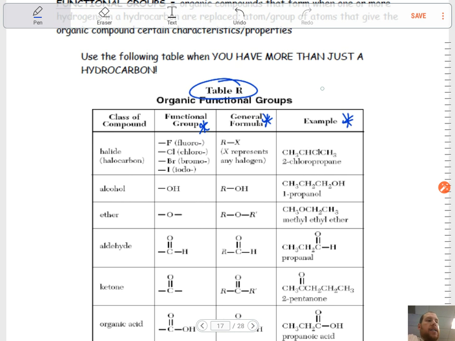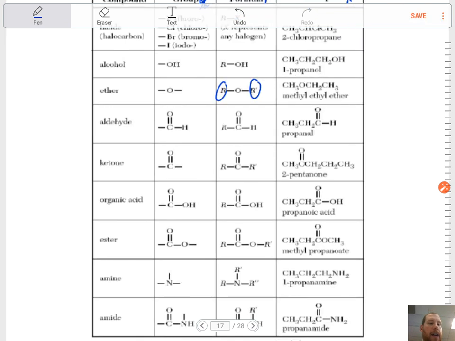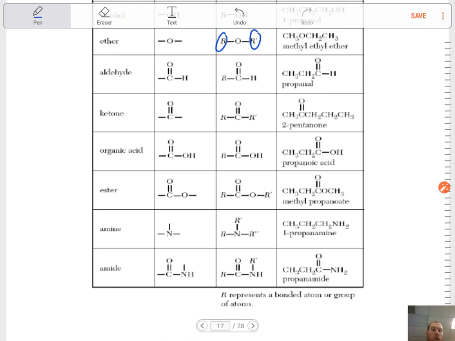One thing I want to point out, guys, R just means the rest of the hydrocarbon, so that's the chain that would be attached to it. Notice some have 2 chains, so that's where you get the R prime, or even 3 down here with the amines, where they could have 3 bonds.